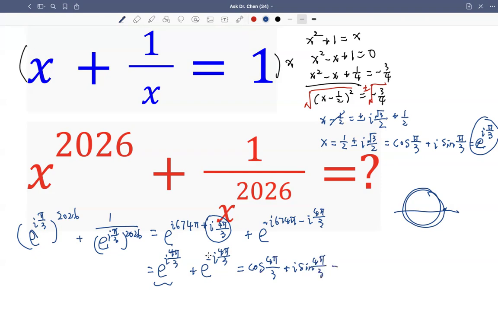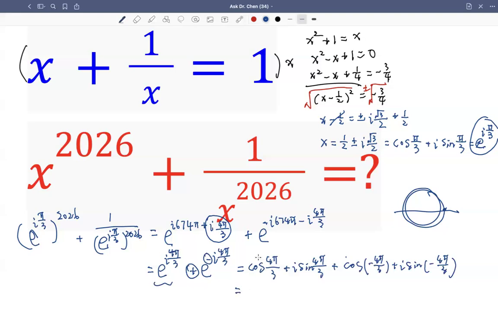Then plus, because this is a plus, right? Plus cosine of negative 4 pi over 3 plus i sine of negative 4 pi over 3, right? The negative sign comes from here.